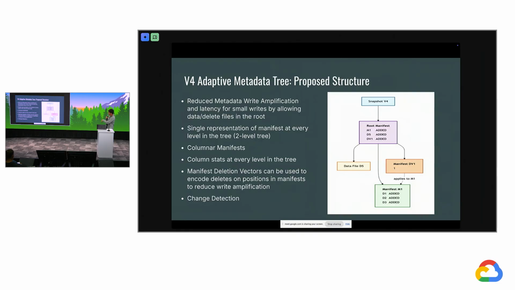I'm going to go into each of these separately and in more detail, but for change detection, the ideal property is that we should be able to look at a snapshot and figure out which paths to traverse to find the added data files, added delete files, removed data files, removed delete files, and any replaced DVs. We should not have to do what happens today, which is basically diff between two snapshots. That would be an ideal property in the new structure.